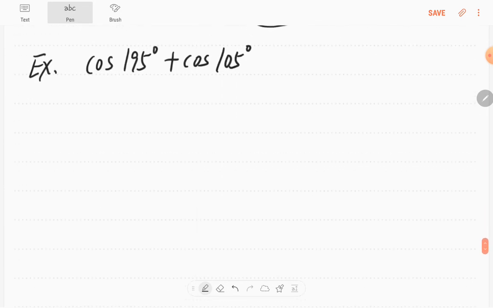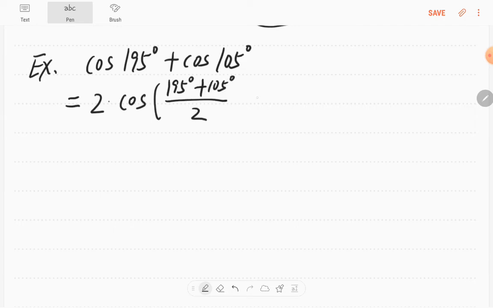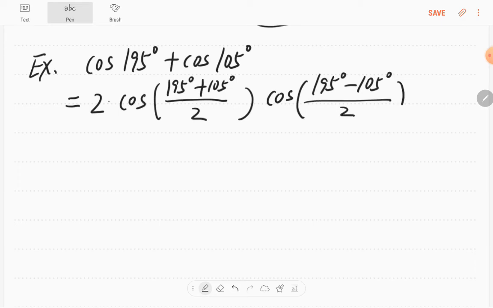It says it's equal to 2 times cosine of (195 degrees plus 105 degrees) divided by 2, times cosine of (195 degrees minus 105 degrees) divided by 2. So this is cosine of 300 degrees divided by 2, which is 150 degrees.